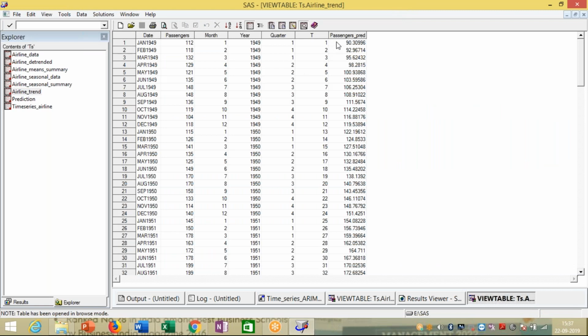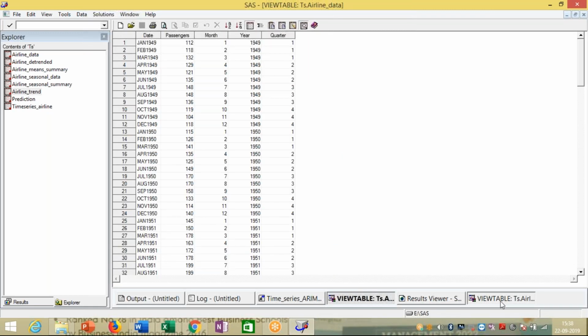So airline trend. Over here you have the passengers predicted, right? So 112 passengers, out of which 90 is what you can say the trend would predict. If time was to predict the values, it would be 90. So the difference is the detrended value, right? How do we reach the detrended value over here?